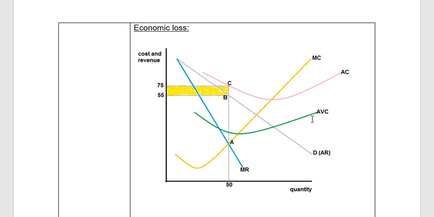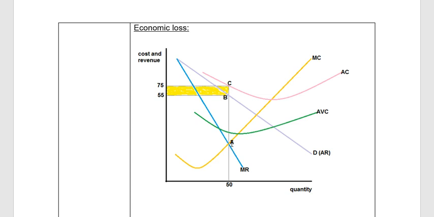The first thing that we need to determine is whether this monopolist is making an economic profit or an economic loss. So again, we're going to start with the profit maximization point, where marginal cost and marginal revenue intersect. We said this is at point A. We now need to see where my average revenue and my average cost are, to determine if he's making a profit or a loss.